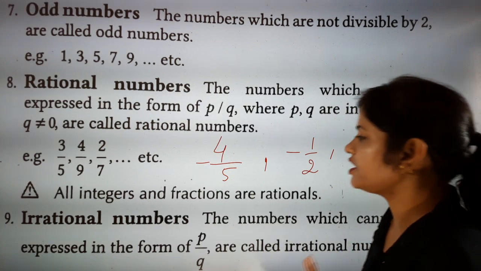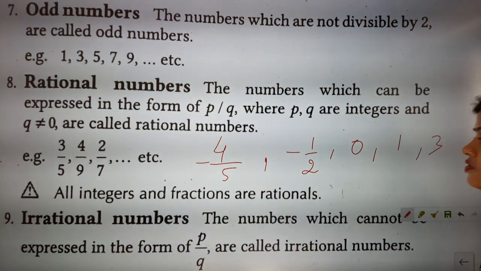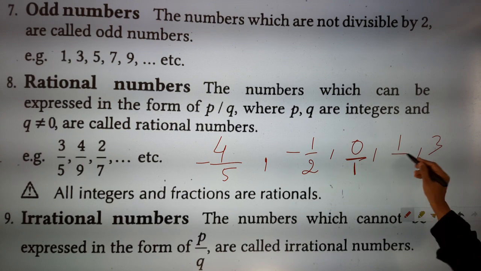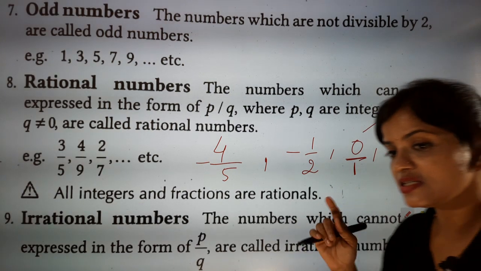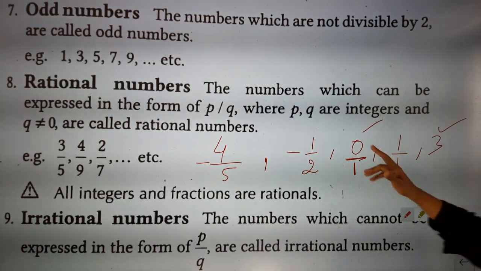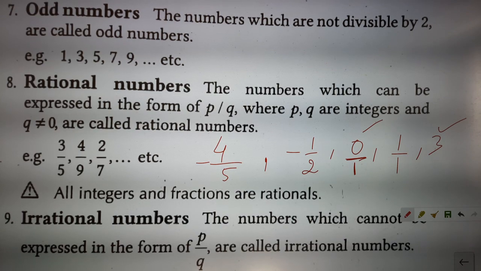Many times there is a confusion that integers are not rational, but every integer has a hidden 1 in the denominator. So integers are also rational numbers.